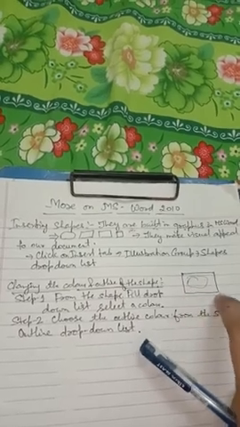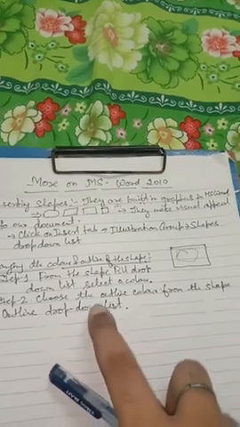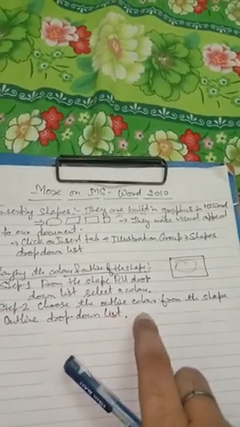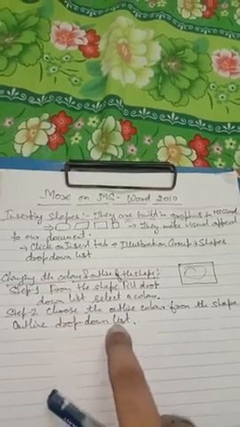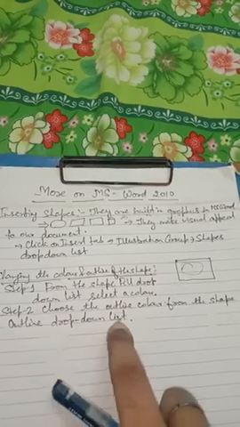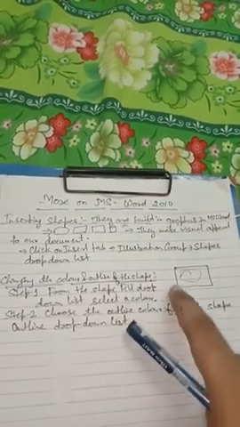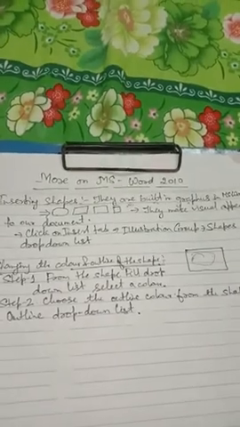Now to change the outline color of this shape, what we have to do? We have to choose the outline color. From where? From the shape outline drop down list. The color that we choose from the shape outline drop down list, that color will appear on the border of this shape.